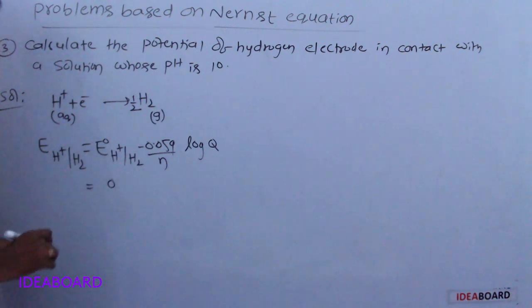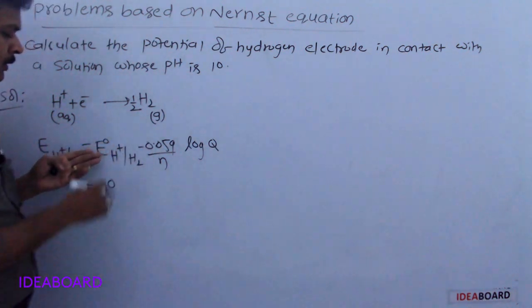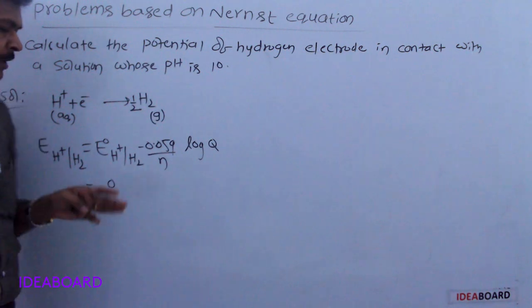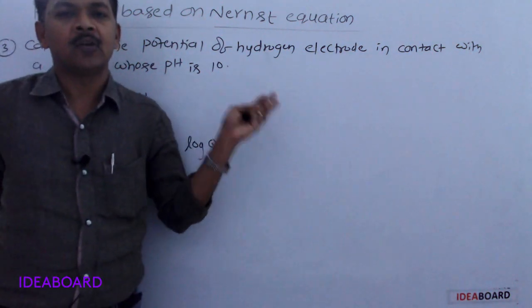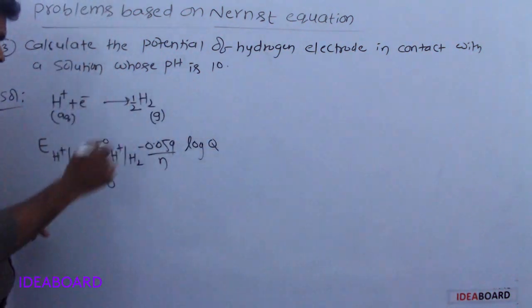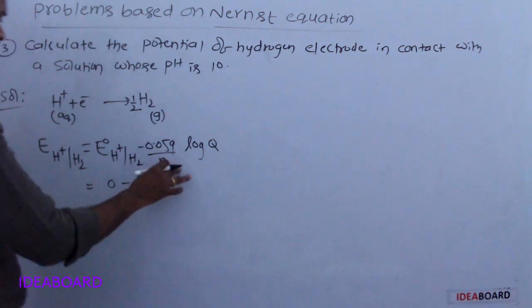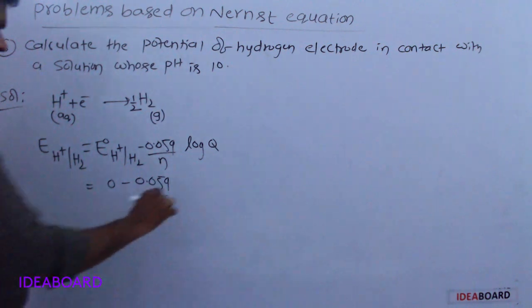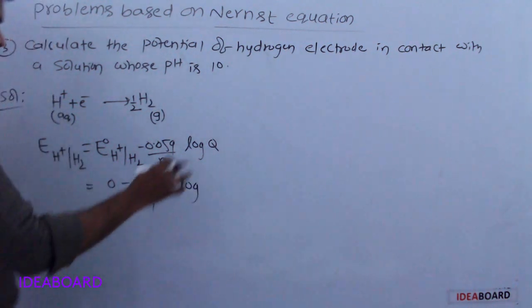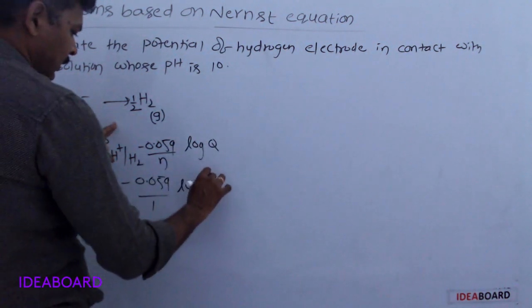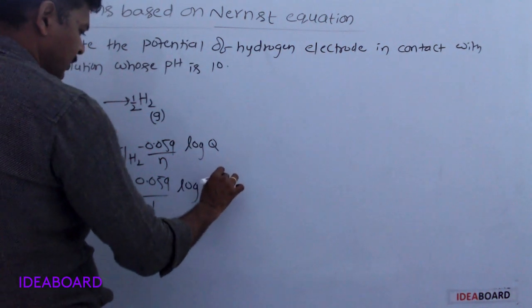We know that for a standard hydrogen electrode, the electrode potential is taken as 0 because that is the reference electrode. Minus 0.059 by how many moles of electrons are involved? 1. Log of Q.